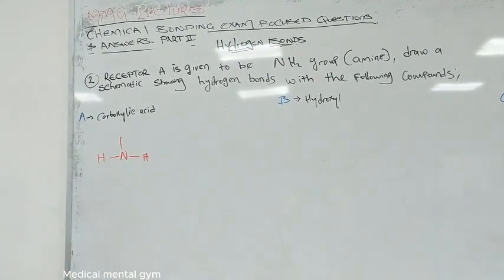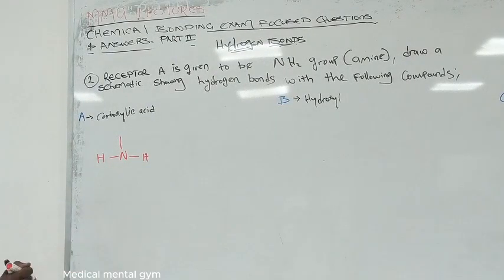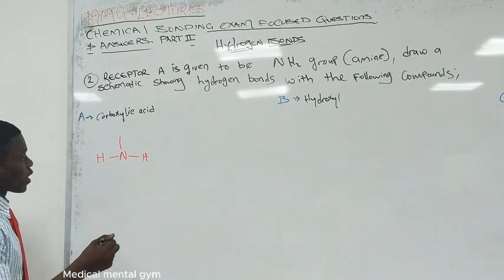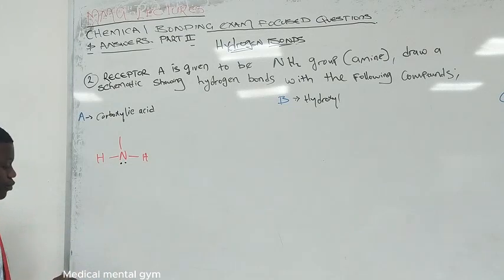So we've depicted a picture of the amine, and want to see how many hydrogen bonds will be formed when reacted with the carboxylic acid. So let's indicate our lone pairs. Nitrogen has a single lone pair.